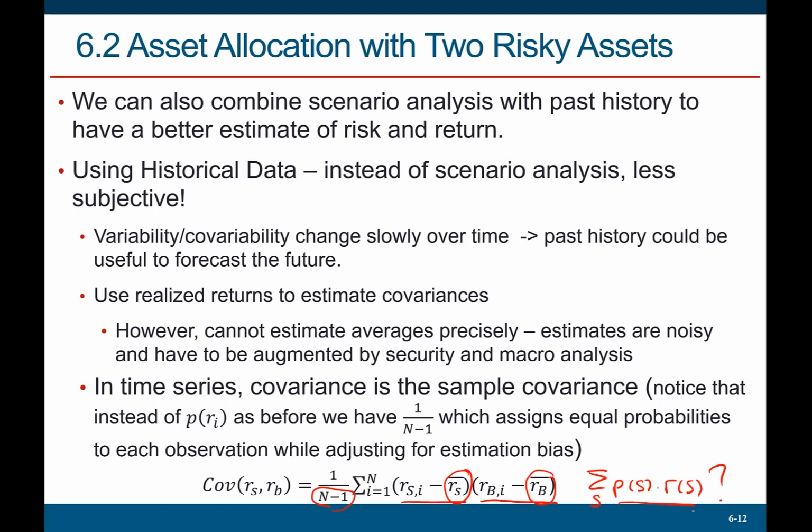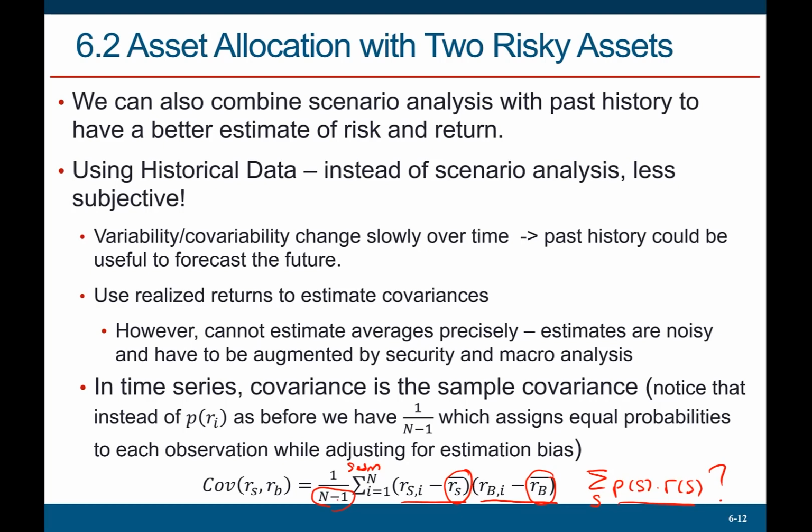So what we're going to have then is a sigma. Cap sigma stands for the summation sign, so that's the sum over n observations. If we have 100 days, we're going to have 100 terms. If we have 100 months, we're going to have 100 terms, and so on.